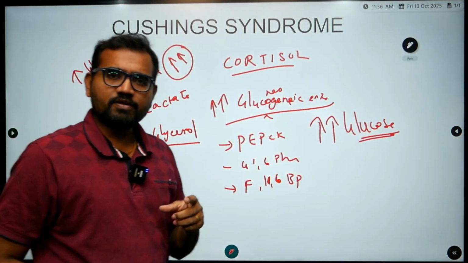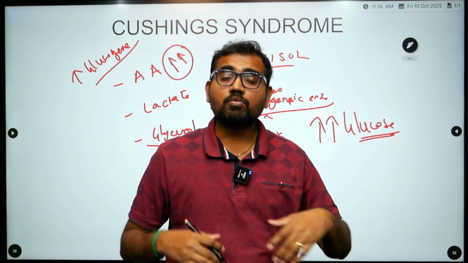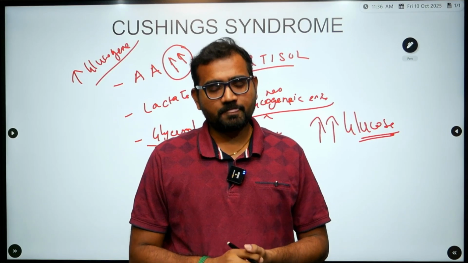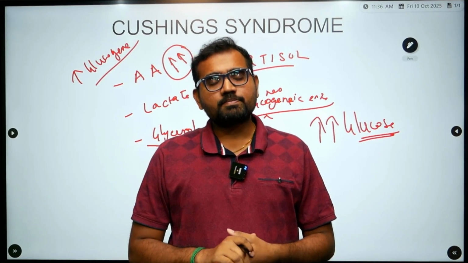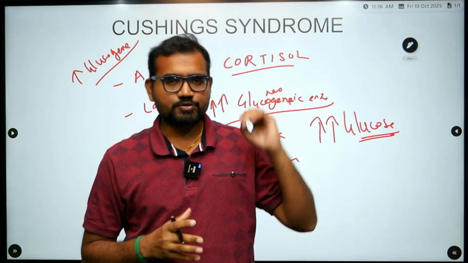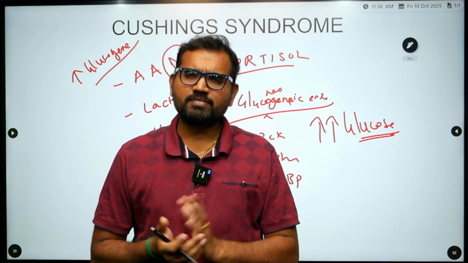So whenever there is increased production of cortisol, more and more glucose is released into the bloodstream. Am I right in saying that patients with increased cortisol, like in Cushing's, will have hyperglycemia? Yes, it's obvious.